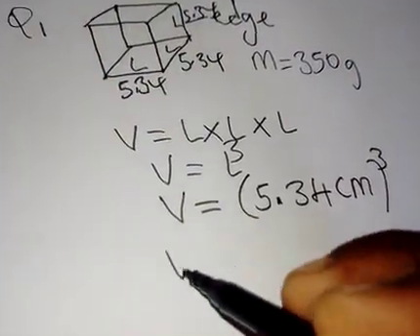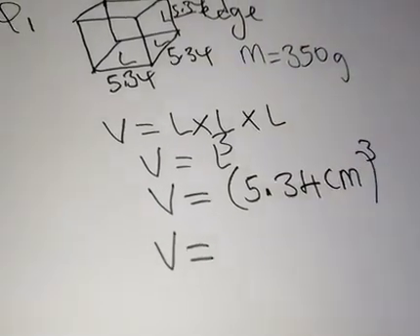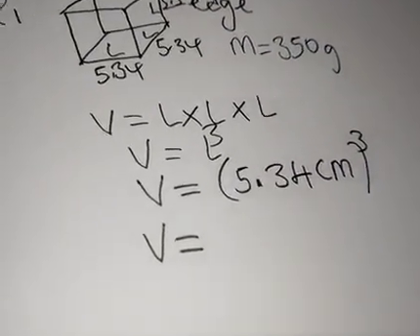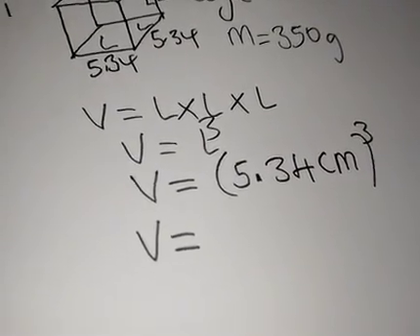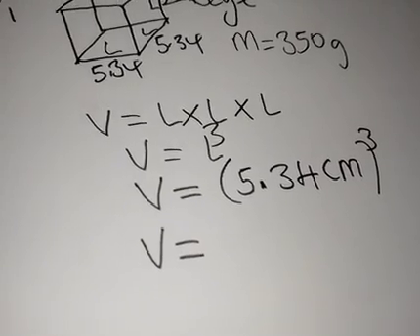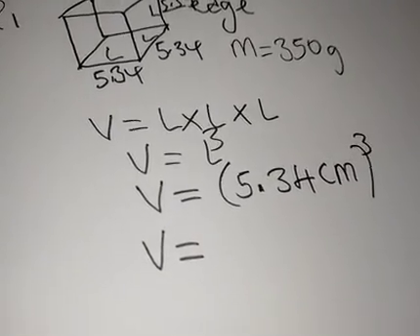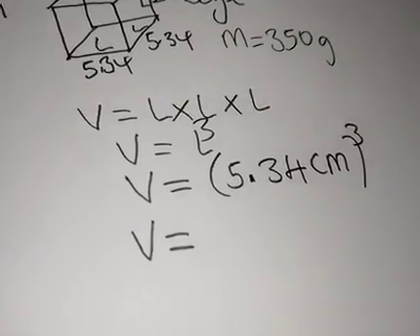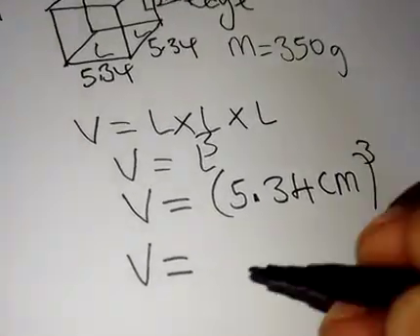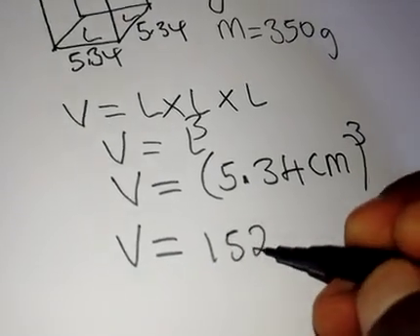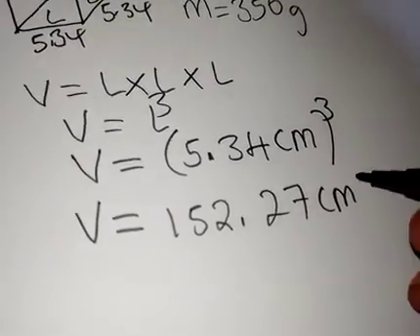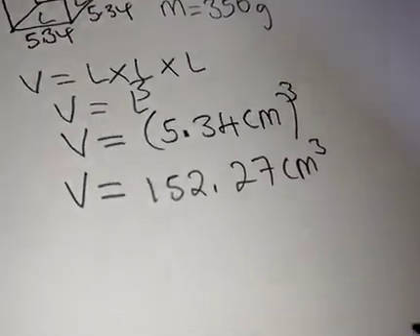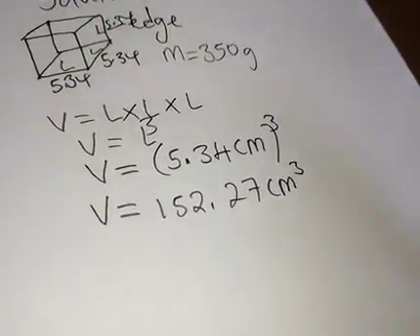Let me just punch that on a calculator. So I have 5.34 cubed, which is 152.27. So I'm getting 152.27 cubic centimeters. So that's the volume.